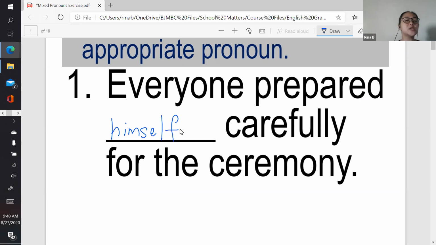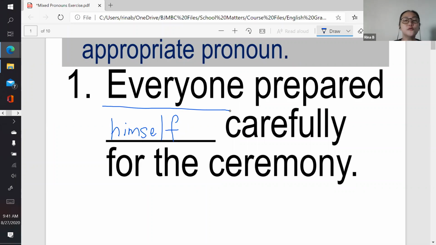And this reminds us of several things. First, the antecedent is everyone, right? But the antecedent itself is a pronoun. It's an indefinite pronoun. So we know that everyone is always singular, right?